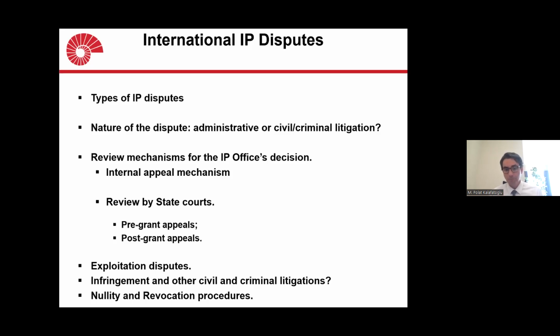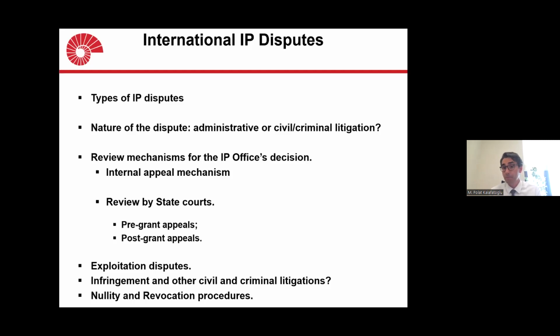For example, in every national law, it is possible to have some sort of review mechanism, like an internal appeal mechanism, when you apply for registration of your trademark right before your national IP office. For example, under Turkish law, you apply for registration of your trademark to the Turkish Trademark and Patent Office, and there may be an internal appeal mechanism within this administrative unit.